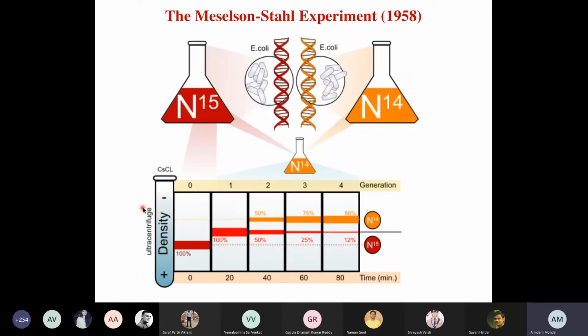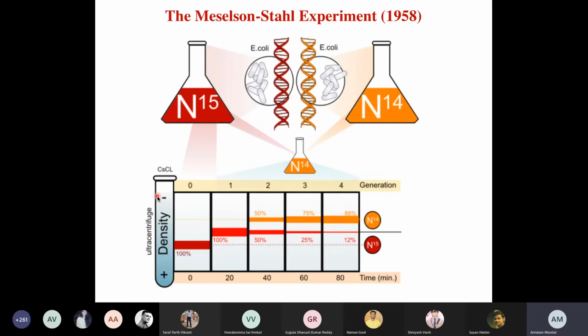If you leave the different concentration solutions in this particular tube for several hours, they will diffuse to create a continuous gradient where the top of the tube will have the maximum concentration of the cesium chloride, whereas the bottom should have the minimum.